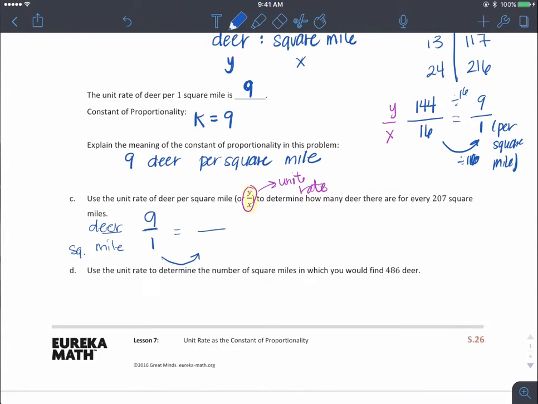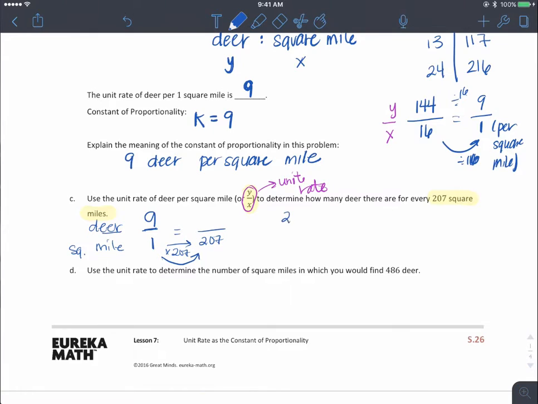where we have our 207 square miles, we're turning this ratio into. Alright, so we're going to put 207 on the bottom. We know that we need to multiply by 207 to get 207 square miles. So we need to multiply the top as well, the numerator.